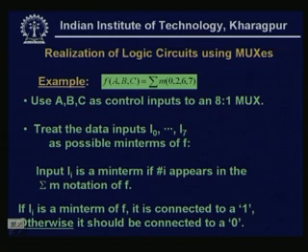So, if we can realize any combinational circuit using multiplexers, then obviously that design structure has some regularity, and using only multiplexers the whole circuit can be designed. First we take one simple example.